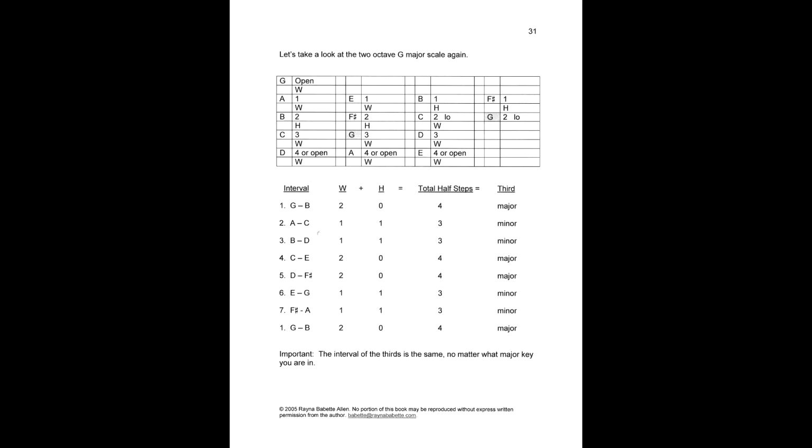This is really important to know because if you look at this list, 1, 4, and 5 are the major thirds. And remember how 1, 4, and 5 are the most important notes in the scale.